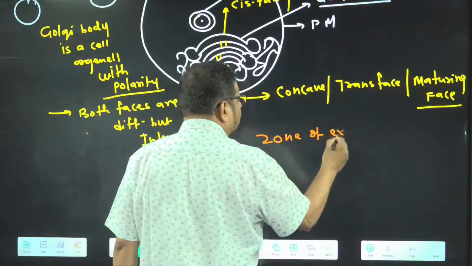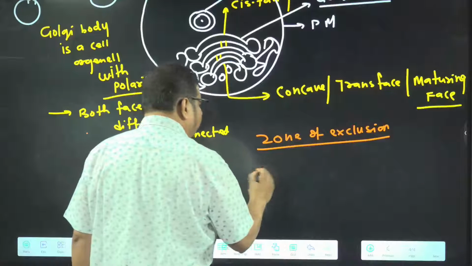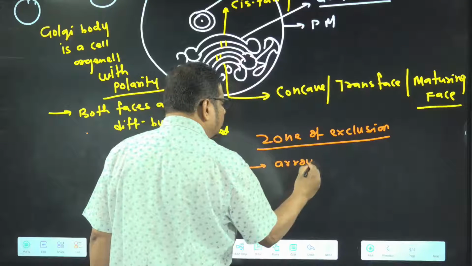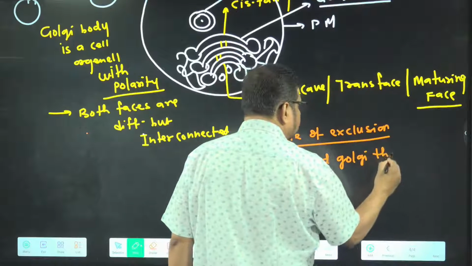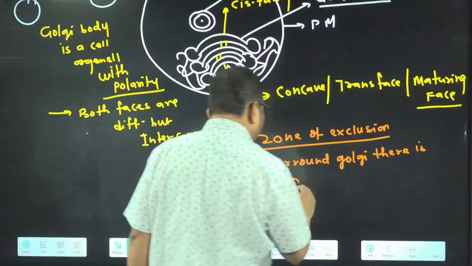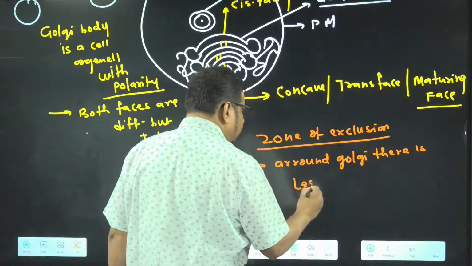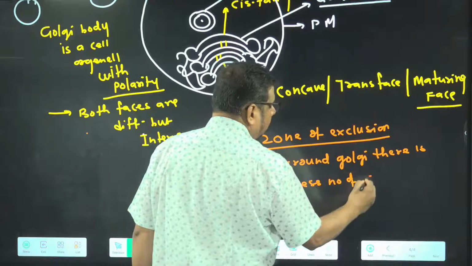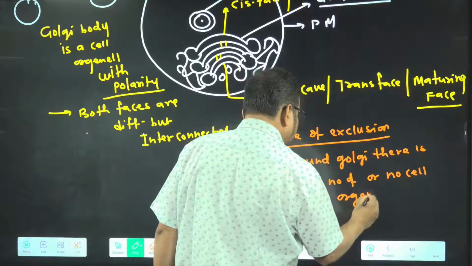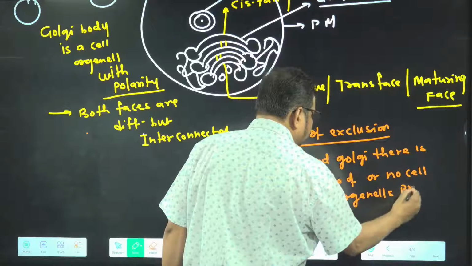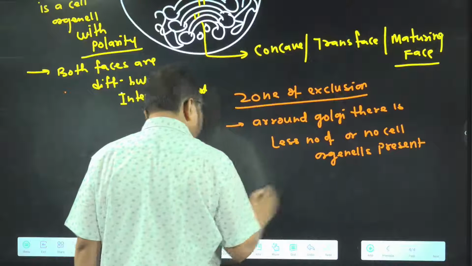You can write like this: around Golgi body, there is less number of or no cell organelle present, just nearby the Golgi body. This area is called zone of exclusion.